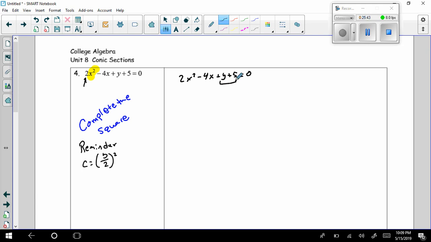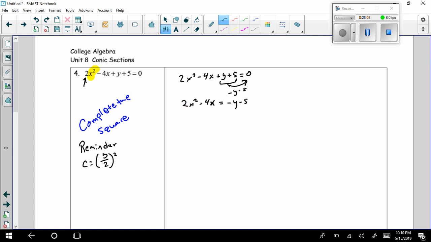The first thing I do is move anything that is not x related to the other side. So minus y minus 5. So 2x squared minus 4x equals negative y minus 5.